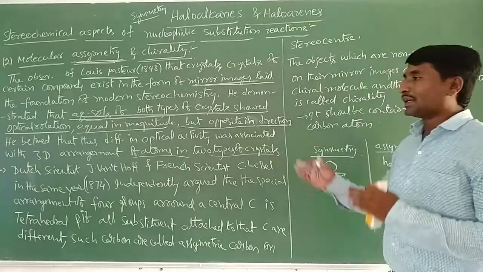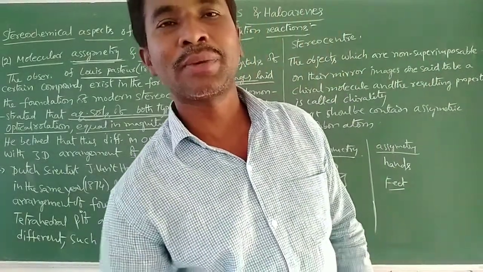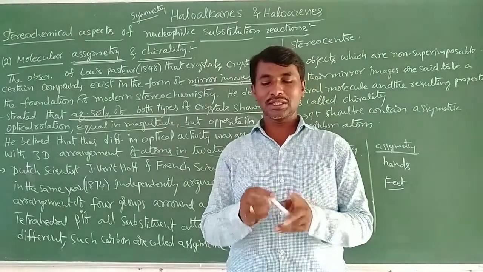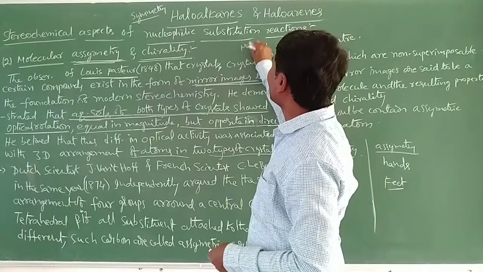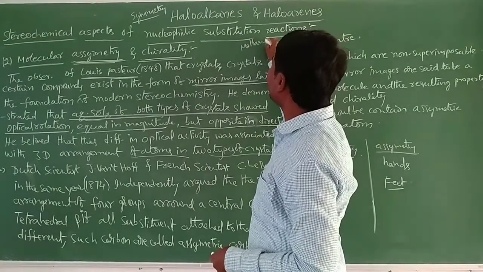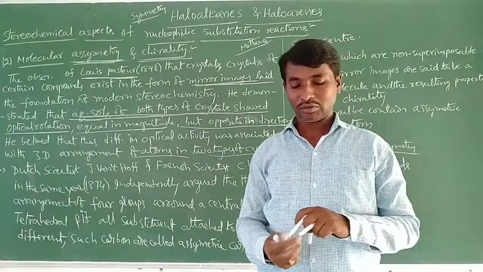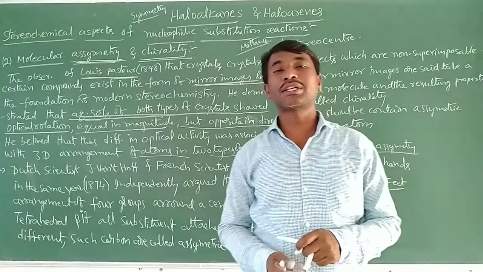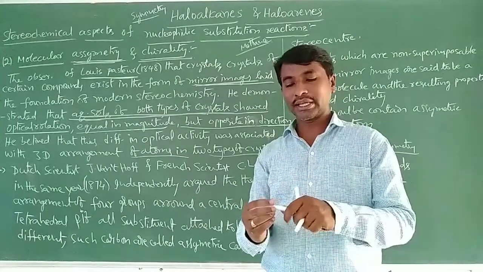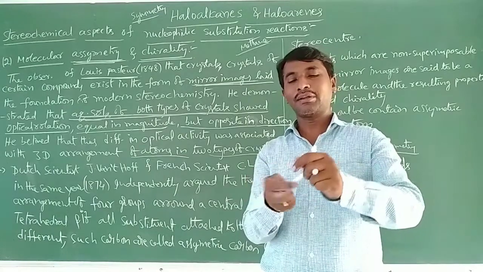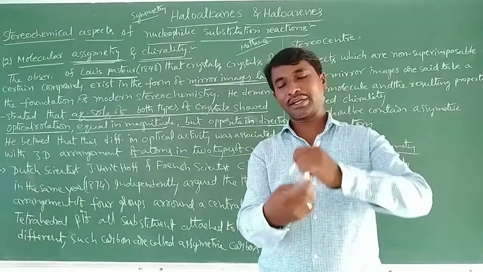Suppose one carbon arrangement in three dimensions. Take methane: carbon having four hydrogens attached to it. That is the central carbon, in a tetrahedral arrangement like this.